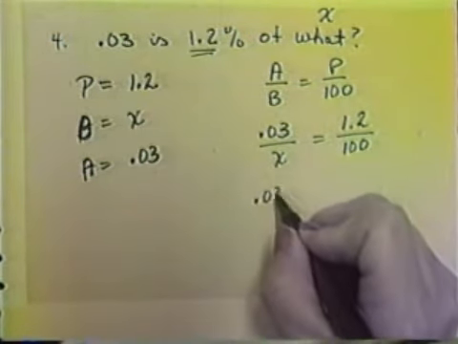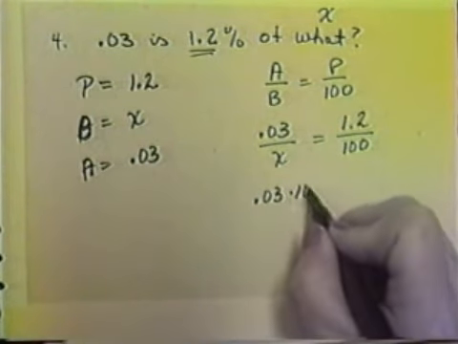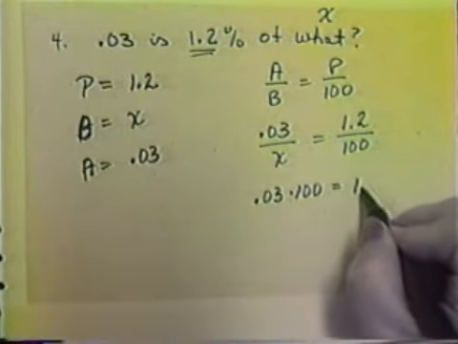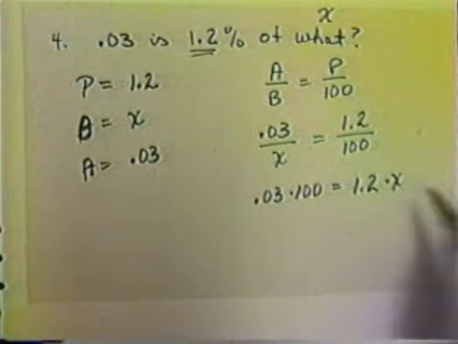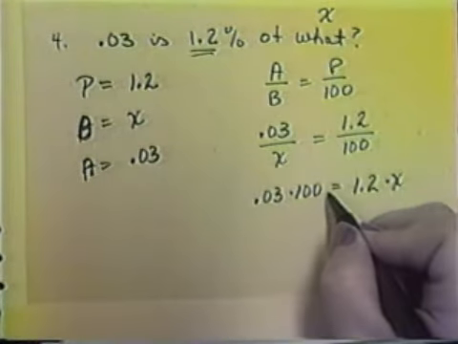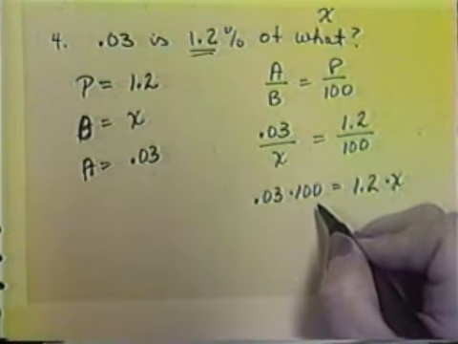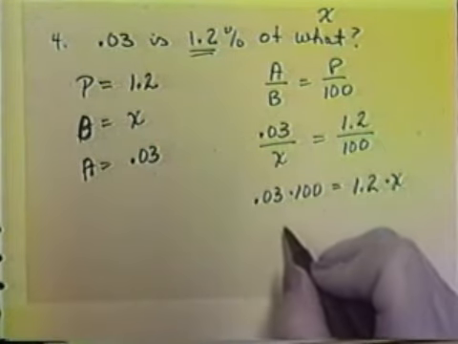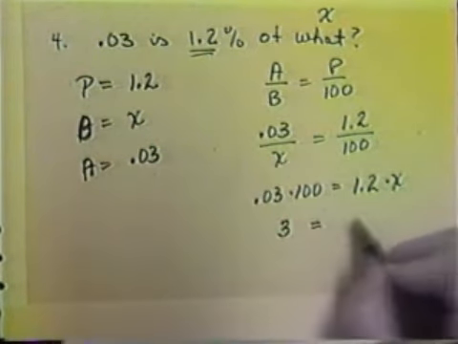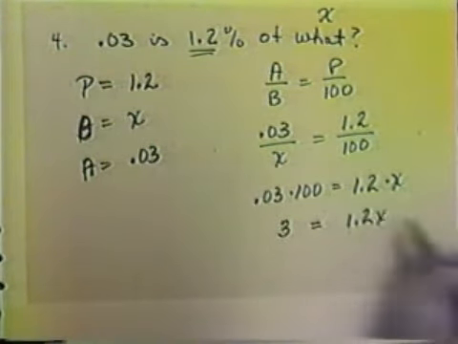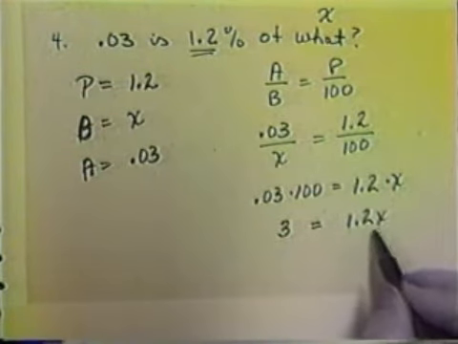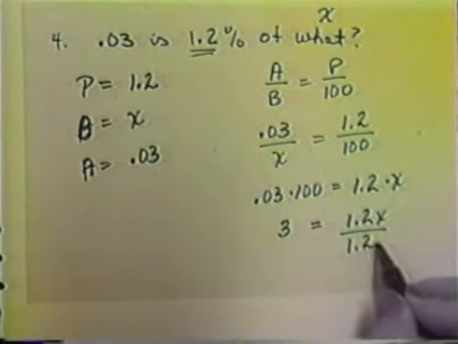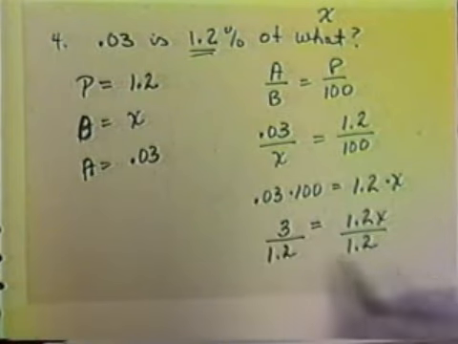So we get 0.03 times 100 is equal to 1.2 times x. Now 0.03 times 100 must be 3, is equal to 1.2x. To find x, we divide by the number that's with it. So we divide both sides by 1.2.